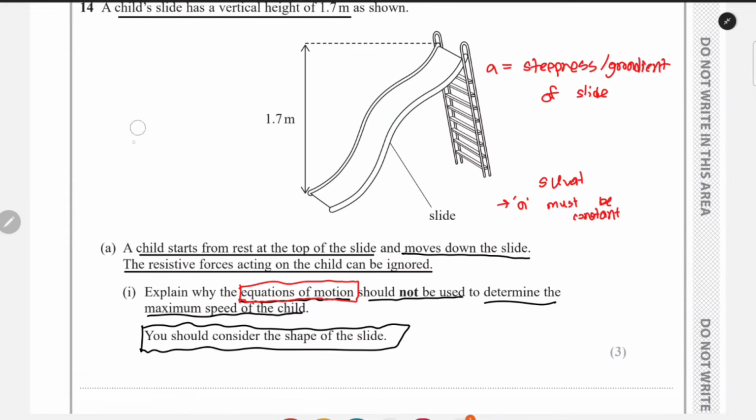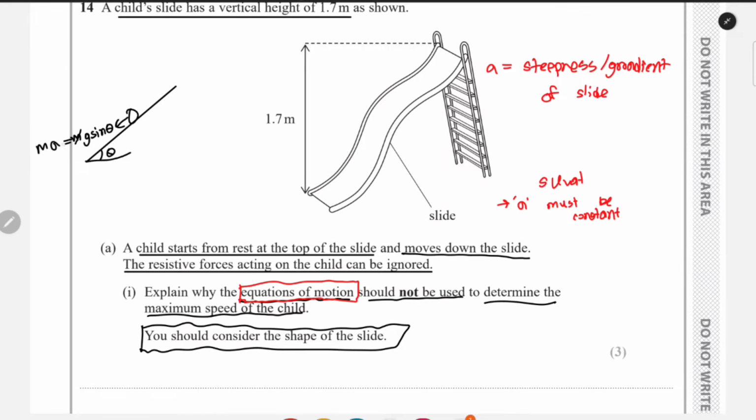For example, on a ramp with a constant gradient, the acceleration is g sine theta if this is theta, if there are no resistive forces.